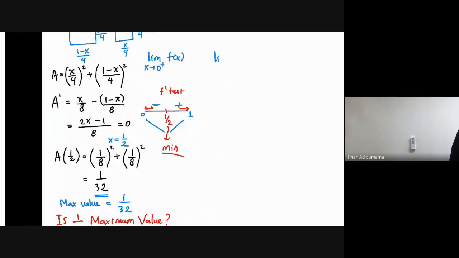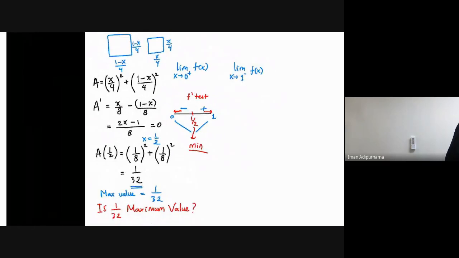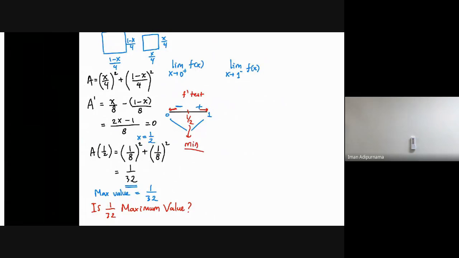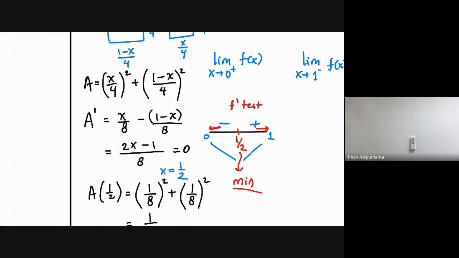And also you can use the other. So let's just check. If x is 0, let's just substitute 0 here. It becomes 1 over 4 squared. It becomes 1 over 16. But that's actually because if you have 0, your wire is just gone, right?